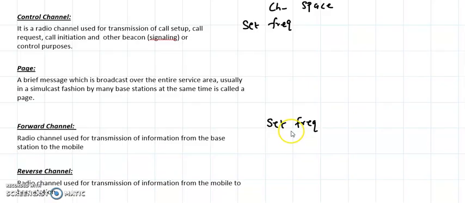Now what is the meaning of this forward channel? A radio channel, radio channel means wireless channel, or set of frequencies that are used for transmission of information from base station to mobile station are called forward channels. So here I have my base station. Here I have my mobile station.